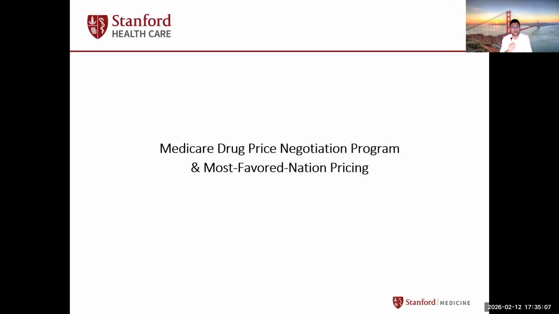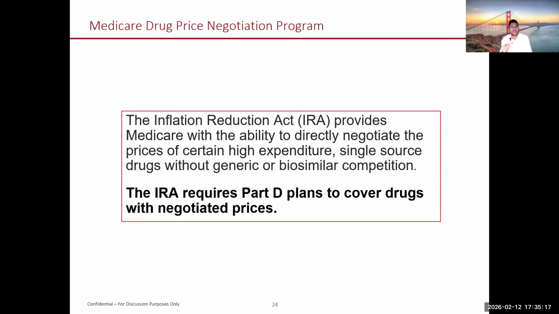Okay, let's talk a little bit about some more recent developments in terms of Medicare drug coverage, specifically the Drug Price Negotiation Program and Most Favored Nation pricing. So the Inflation Reduction Act, passed in 2023, allowed the Center for Medicare Services, CMS, which governs Medicare, to negotiate the cost of certain drugs that don't have generic or biosimilar competition.